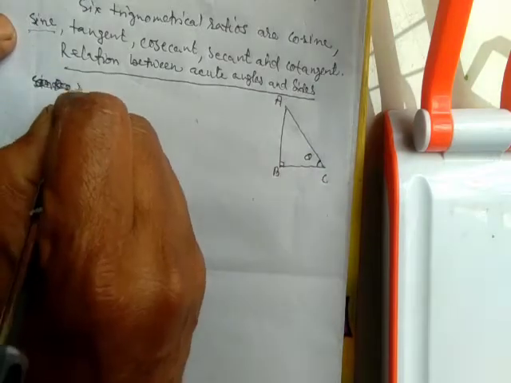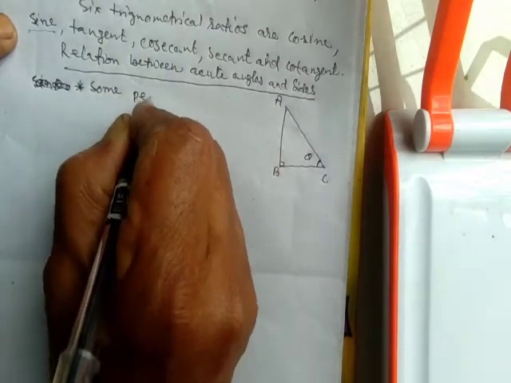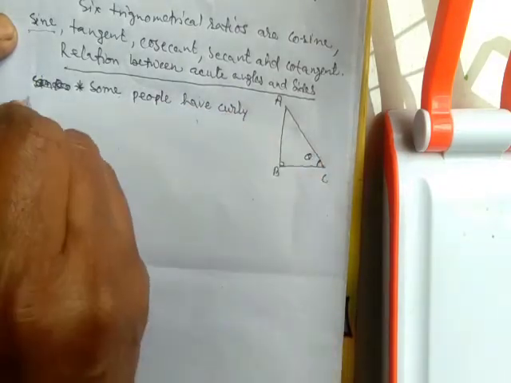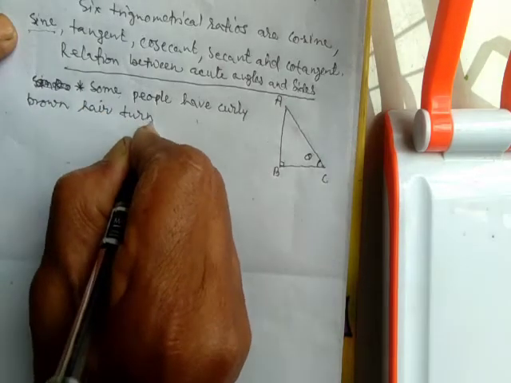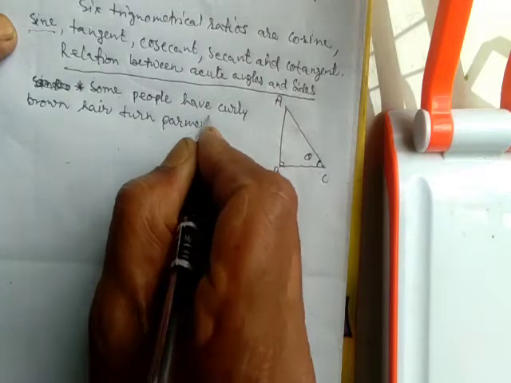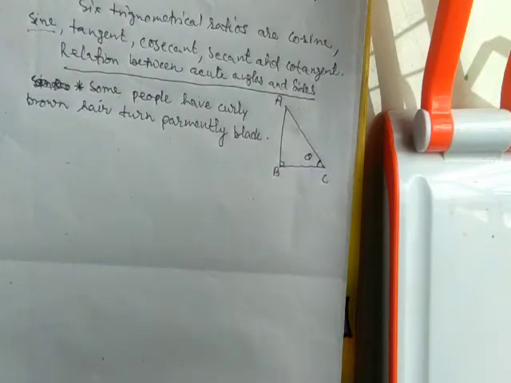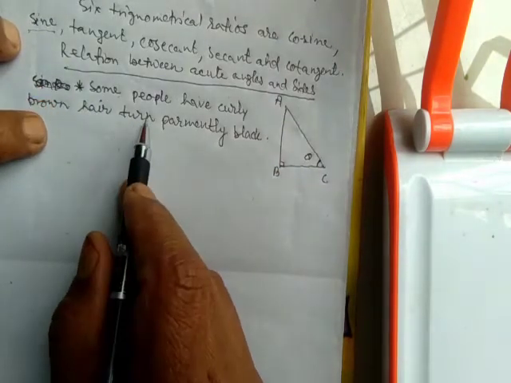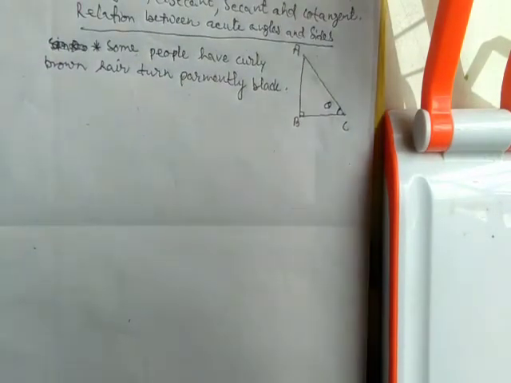The main sentence for trigonometry is: Some people have curly brown hair turned permanently black. This sentence you have to learn by heart. This is very important. Now I will establish the relationship with the help of this sentence.